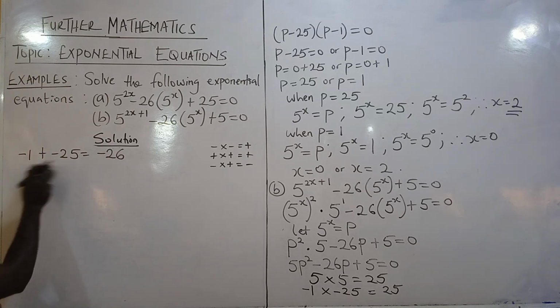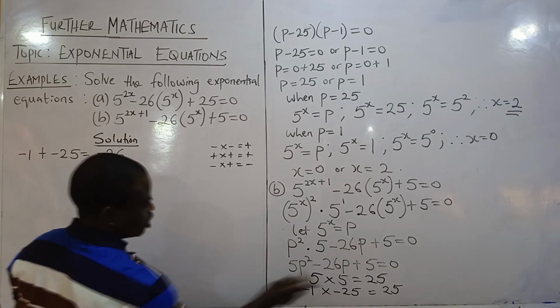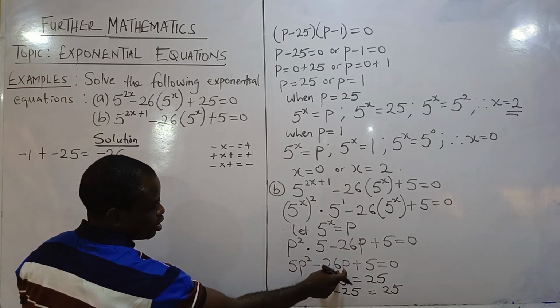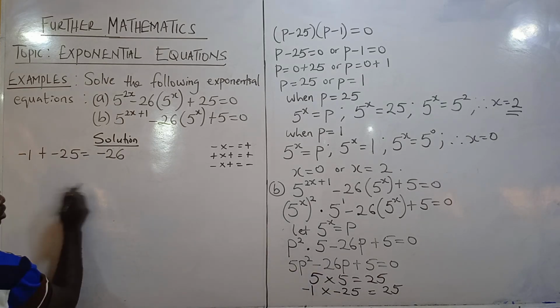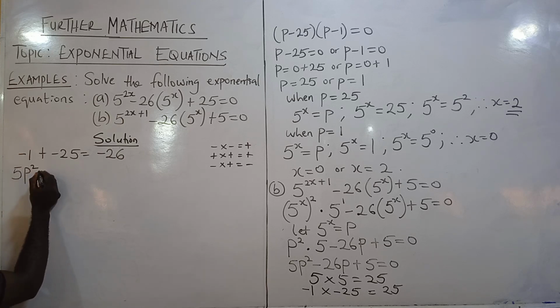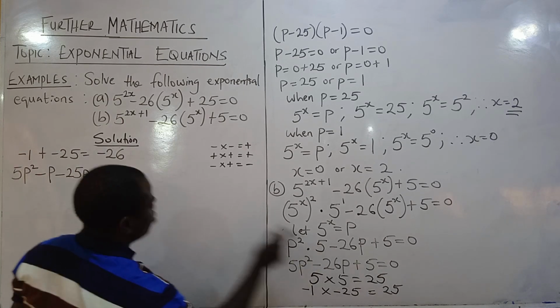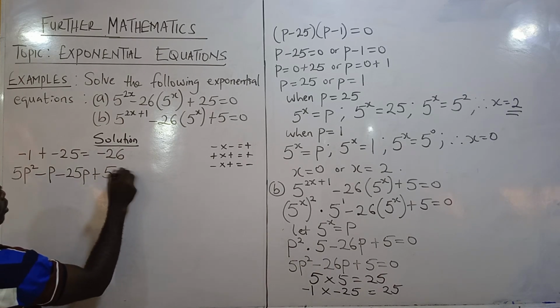That means these two numbers work. Now replace minus 26p with these two numbers. Now 5p squared minus p minus 25p, plus 5 equals 0.